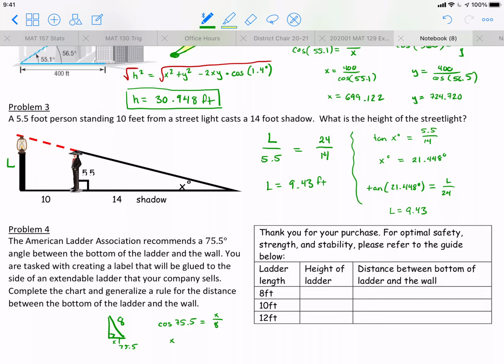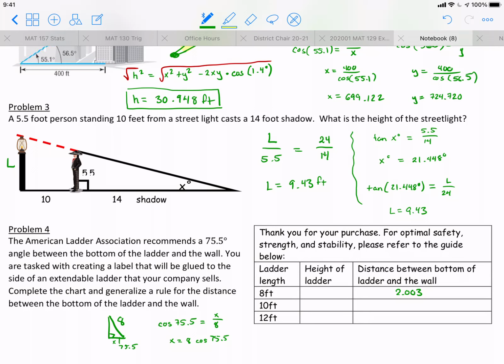So 8 times the cosine of 75.5. So what is that? 2.003. So the distance between the bottom of the ladder and the wall is 2.03. So 2 feet if we round.